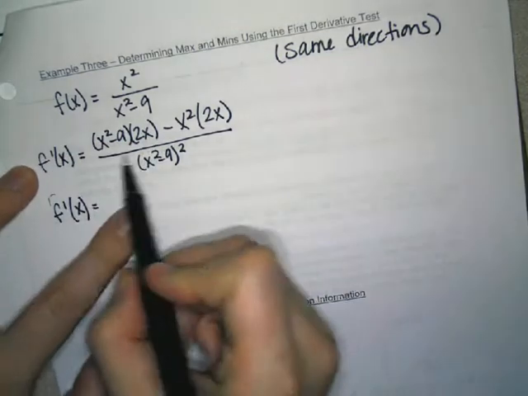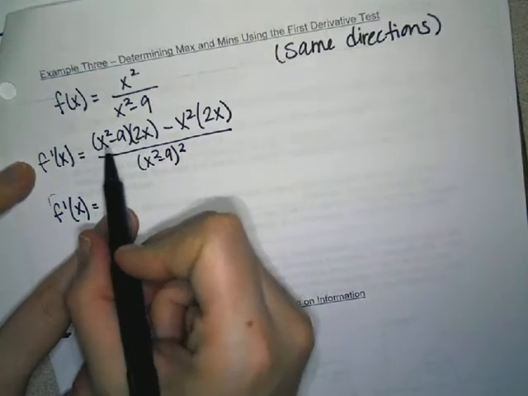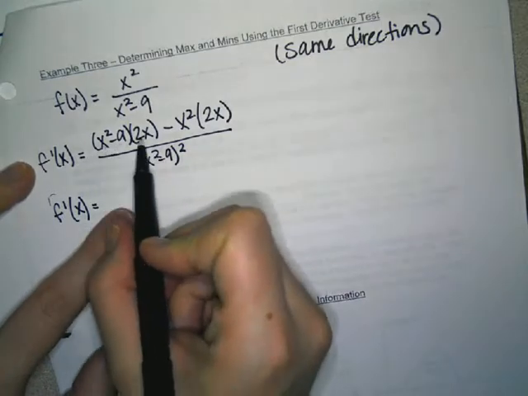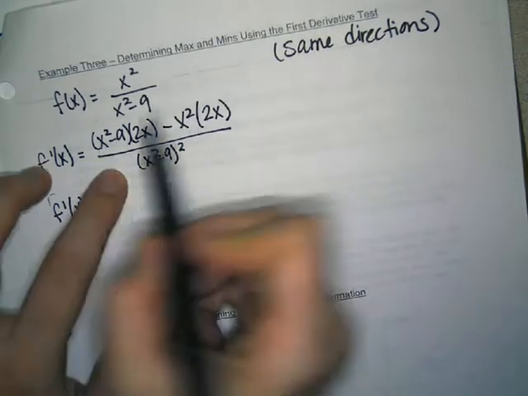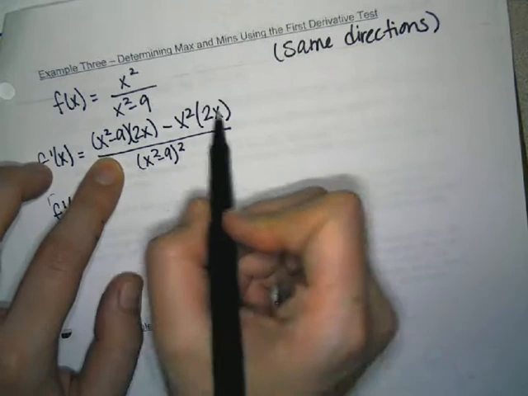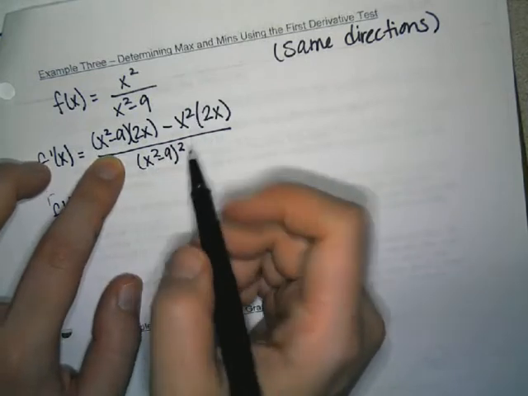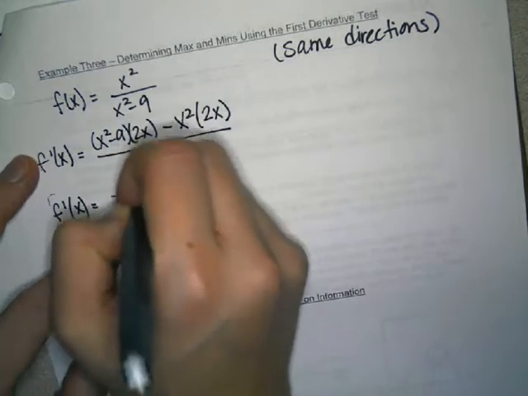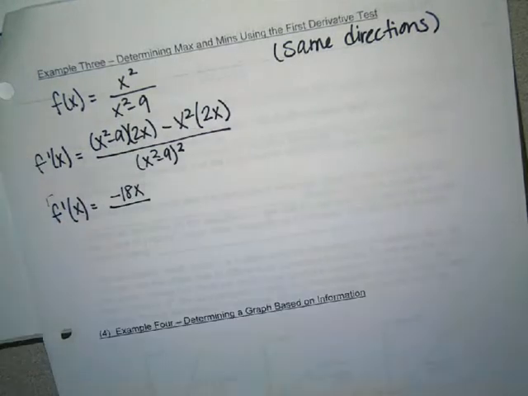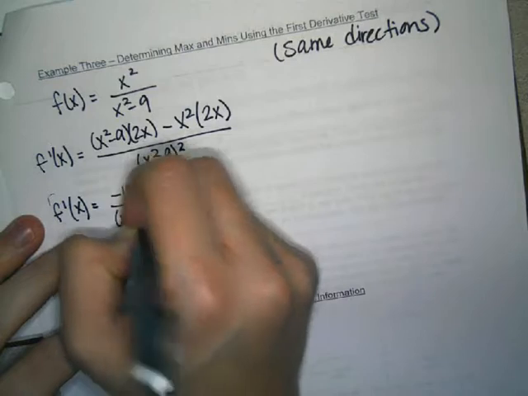So this would be 2x cubed. This would be negative 2x cubed. So those are going to cancel out completely. I'm just giving you negative 18x over x squared minus 9 squared.